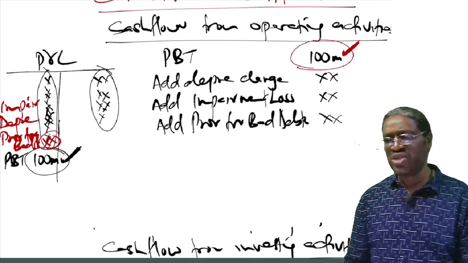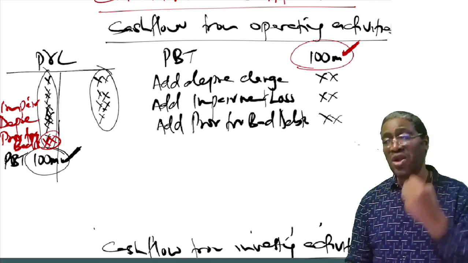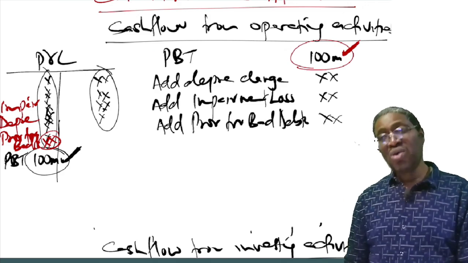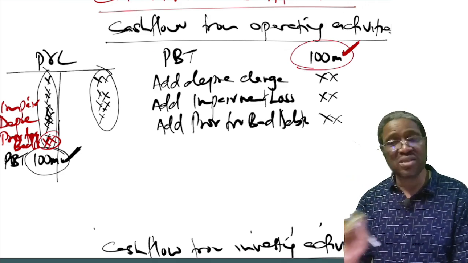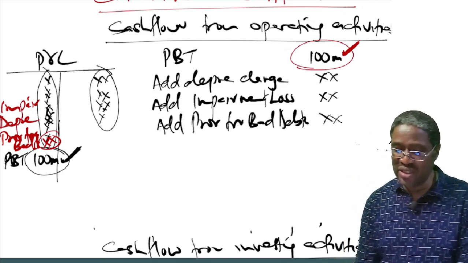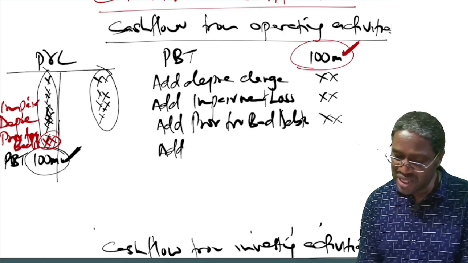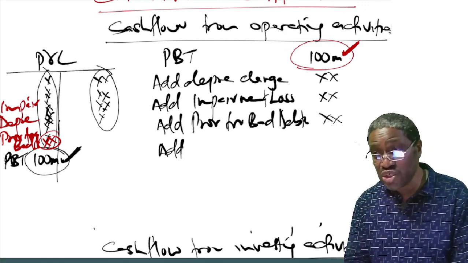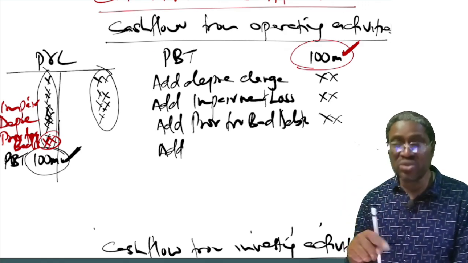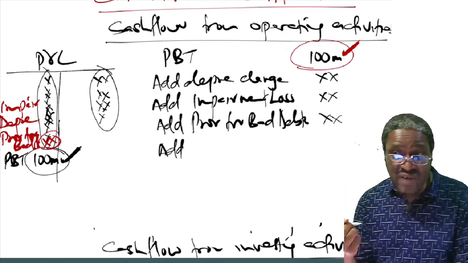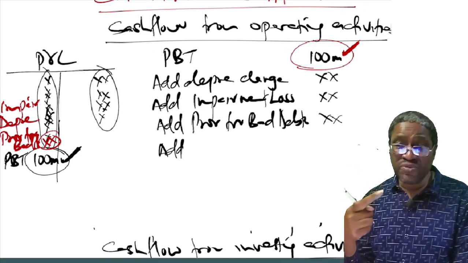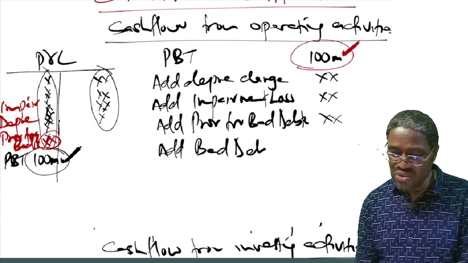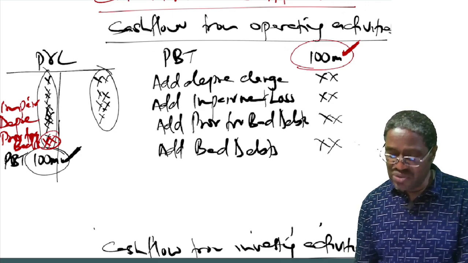It's just a bookkeeping entry. You have to recognize a loss when you write off bad debts. So that is another non-cash item. It made your expenses more than they should be from the cash point of view. So what effect did it have on the profit? It made your profit less than it should be. You come and add back the bad debts, whatever it is.